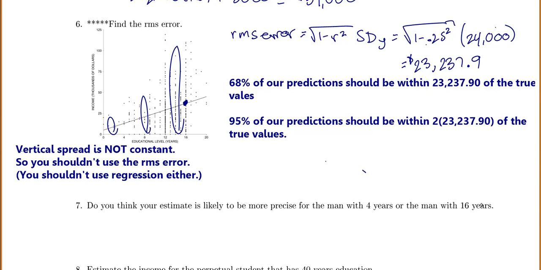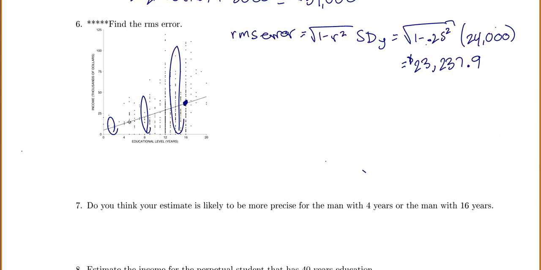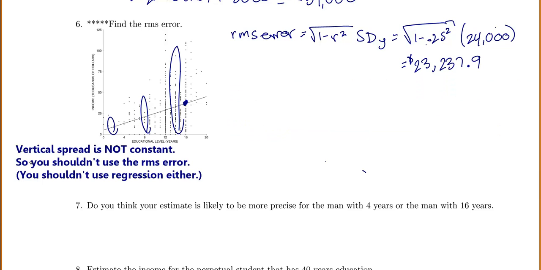For number 7, so let's continue along this line of thought. Do you think that our estimate is likely to be more precise for the man with 4 years or the man with 16 years? So if we were at 4 years, that would put us about here. Four years puts us about here, so we have about this big of a vertical spread. 16 years puts you here with this big of a vertical spread.